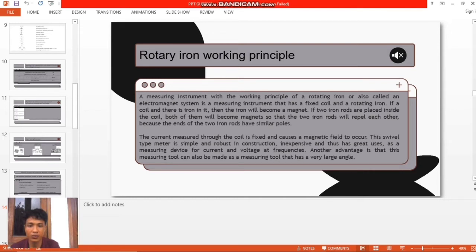The coil is fixed and causes the magnetic field to fluctuate. The construction is simple and robust.